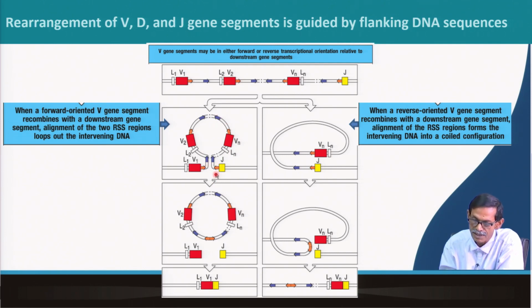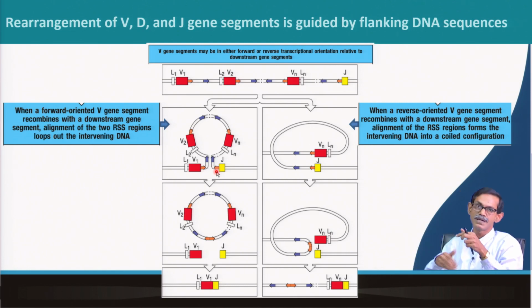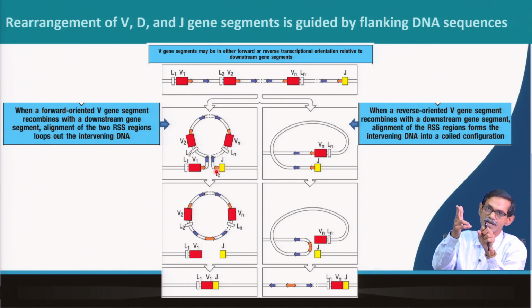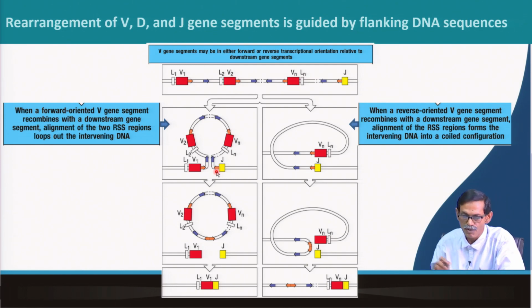Then there will be a recombination, and in recombination you know there is a DNA cut, then join, right, that I will come to later. They come together, then there is an endonuclease which will cut that DNA, then there will be joining or some synthesis or repair, ligase, all these things will come. So, these two sequences will come together, and this sequence will make a very big loop, okay, and this V and J will join.